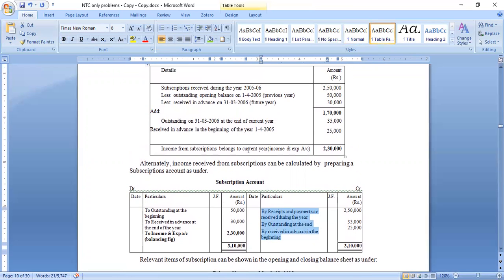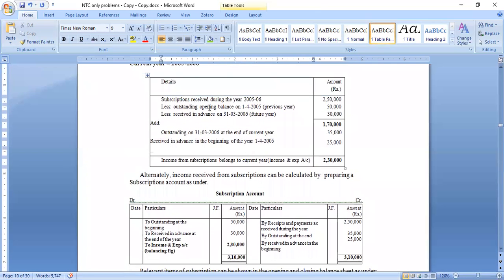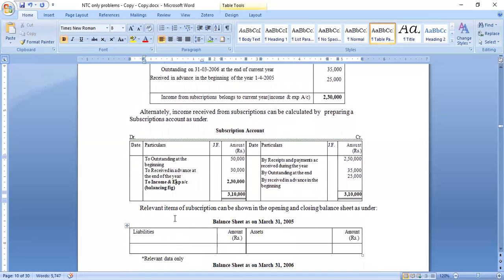So this is all for understanding. What items we have to deduct, what items we have to add to the incomes. General rule of thumb, it begins with the credit balance. Whatever we have to add, we mention on the credit side. Whatever we have to deduct, we mention on the debit side. What the remaining balance is, is the balancing figure, and we have to shift it to the income and expenditure account.